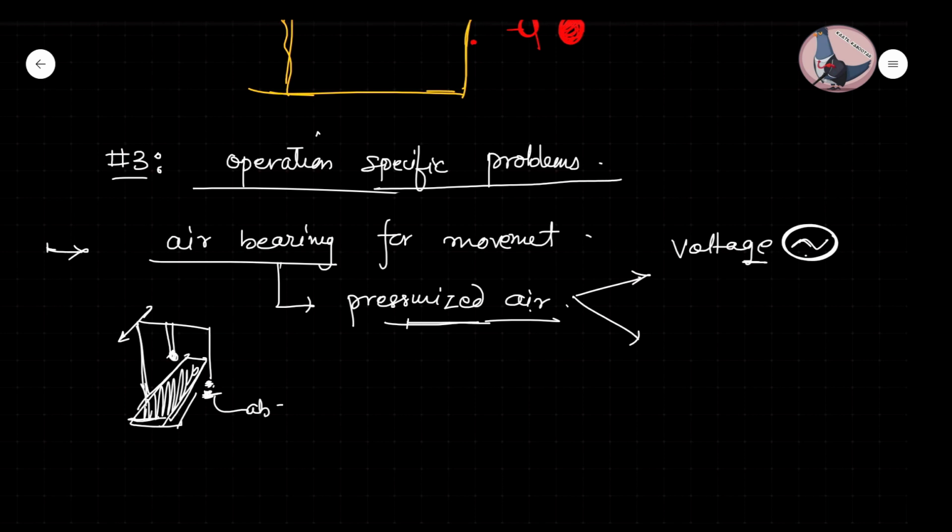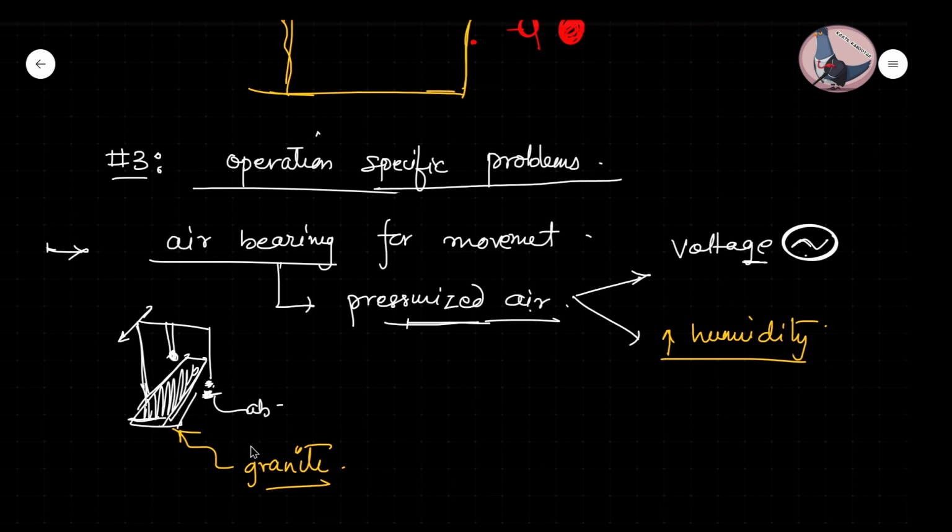Understood? Now, the second trouble. Suppose this air, whatever you are pumping in by the compressor, because of some reason is high in humidity. Because of this high humidity, what will happen? Now, this thing is your... can you tell me what this material is? I discussed it in the last class.